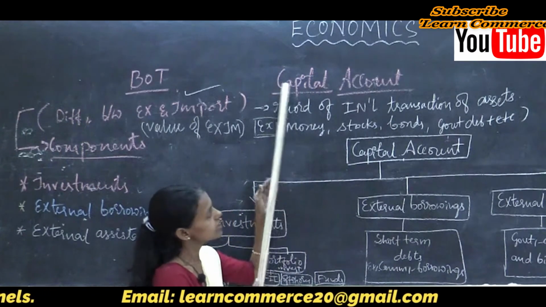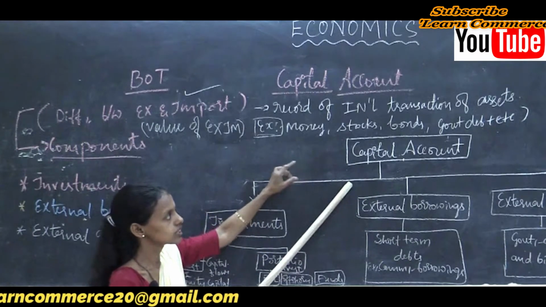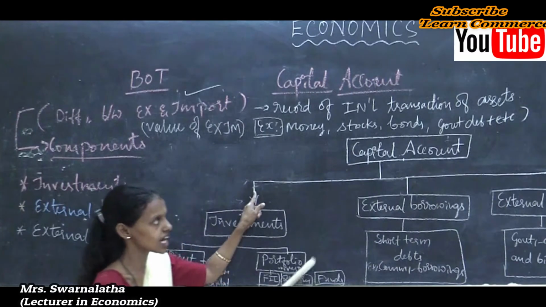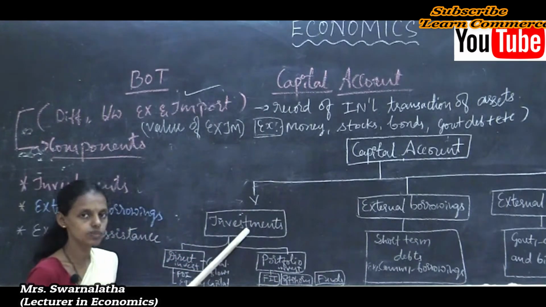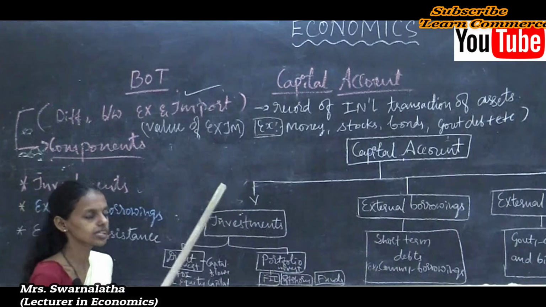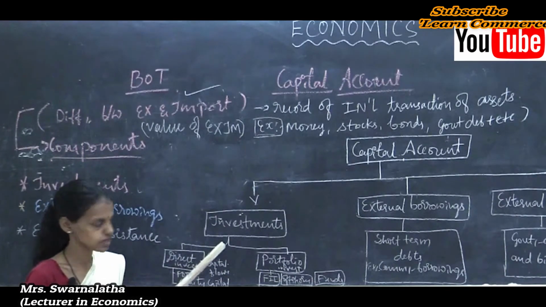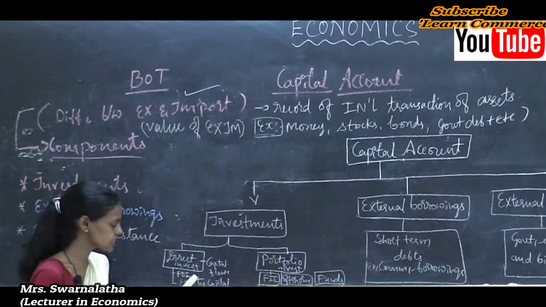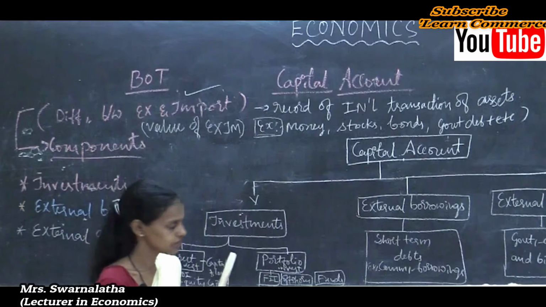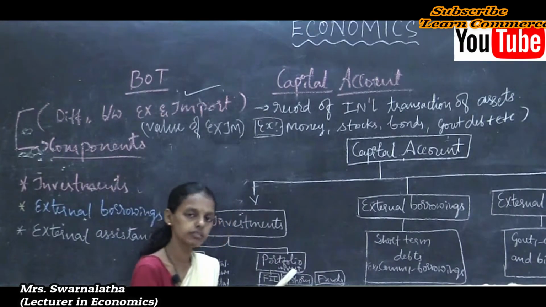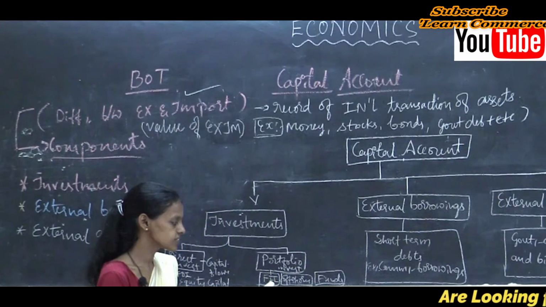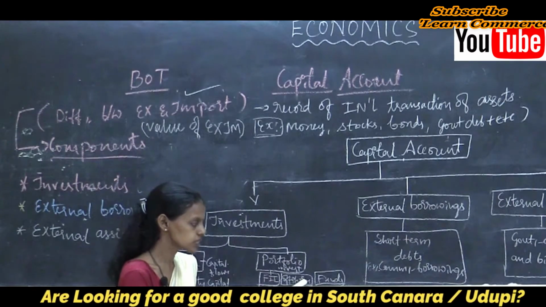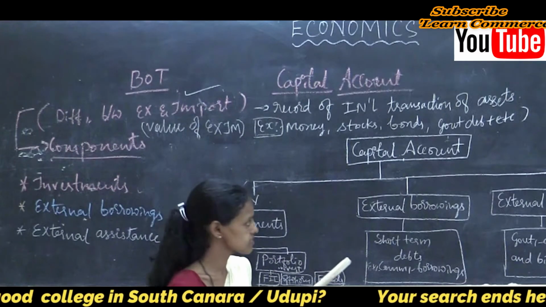Thus, the capital account includes three main components, and the sub-components can be explained through the chart. Capital account includes investment. In investment, there are direct investment and portfolio investment. Direct investment includes capital flow, foreign direct investment and equity capital. Portfolio investment includes foreign institutional investment FII, offshores and some funds.